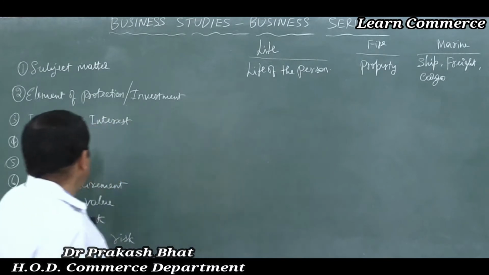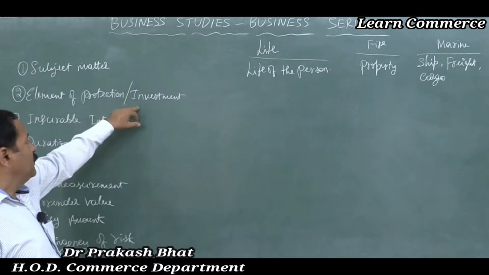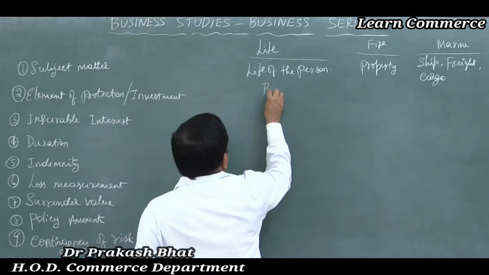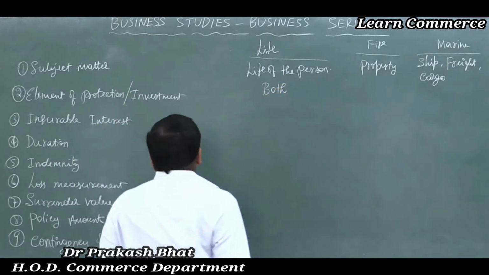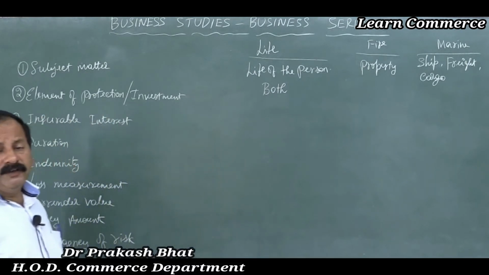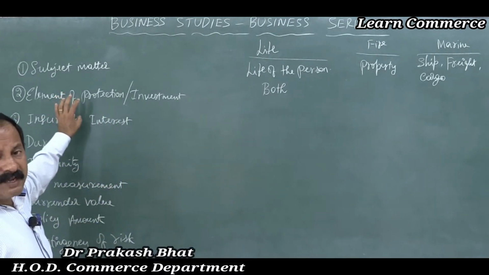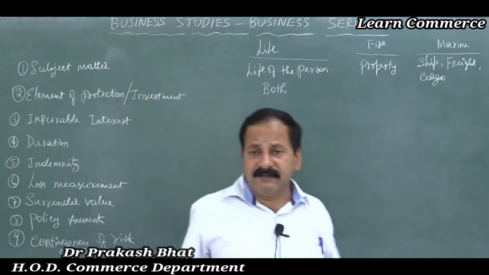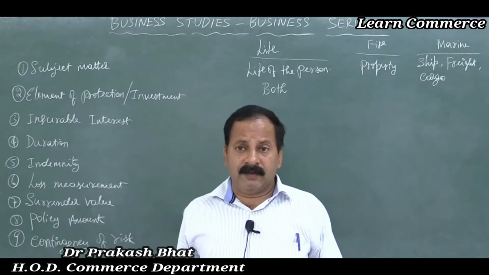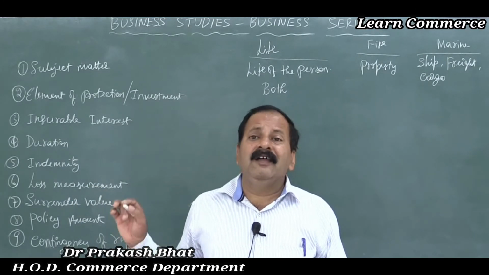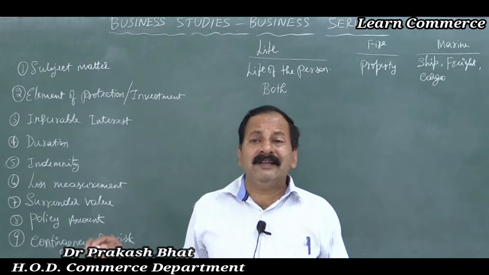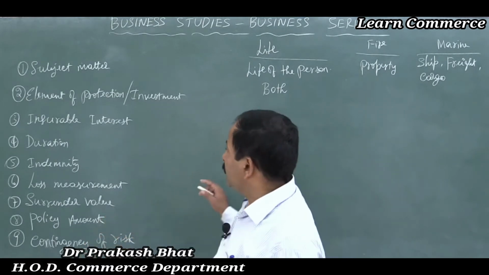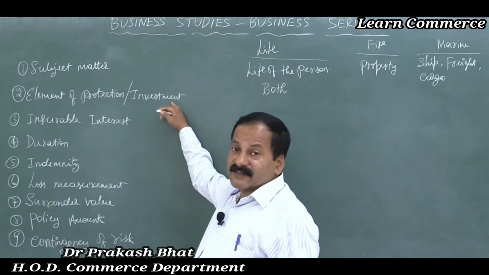The second one is element of protection or investment. Here you will find both, that is, one is investment, the other one is protection. If the person on whose life the policy is taken expires, then the near relatives, legal representatives or family members will be compensated by the insurance company.